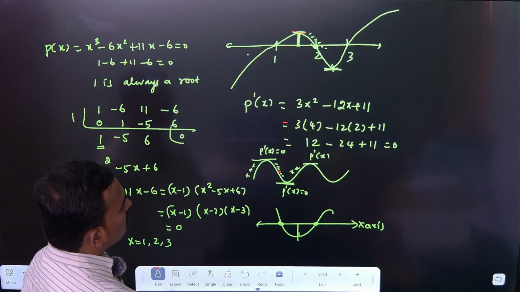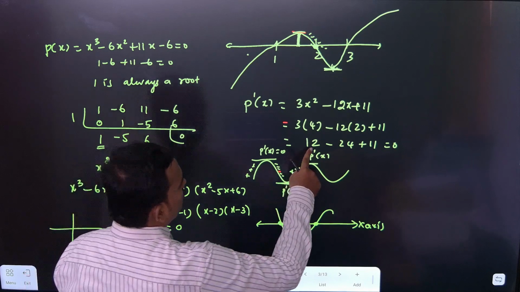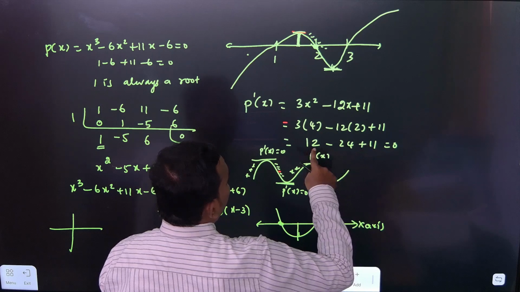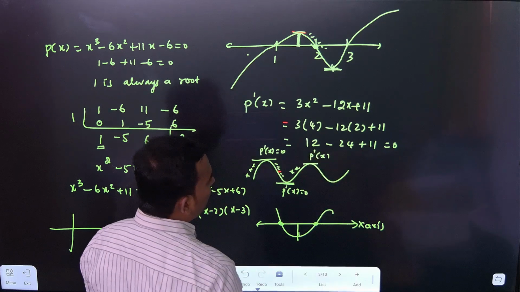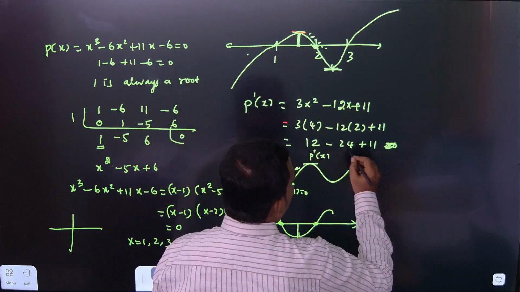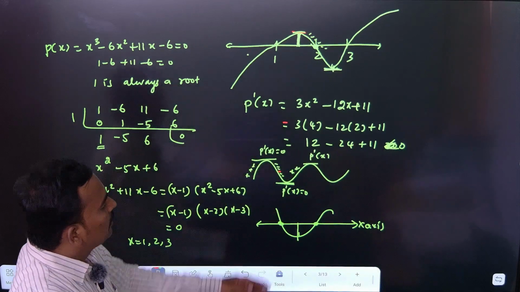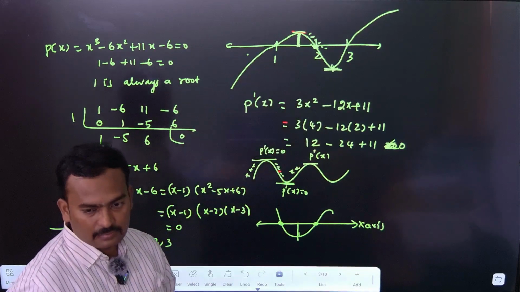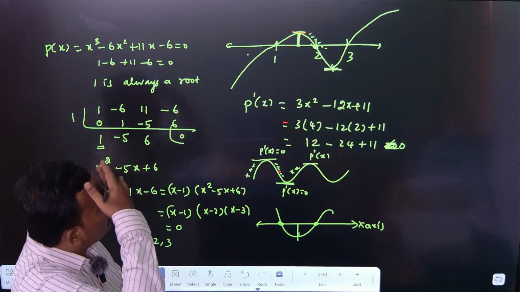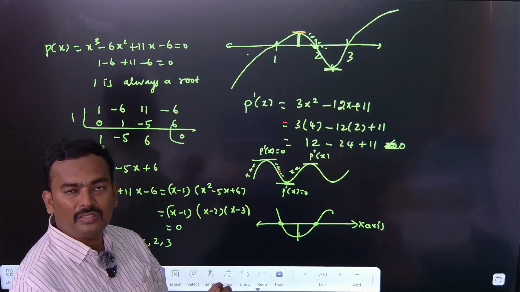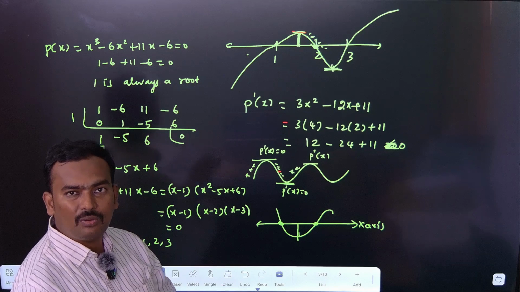Oh, sorry. It's not 0, right? So 12 plus 11, you can see, so 23 minus 24, it is less than 0 that will come. So definitely it is decreasing. Clear? Okay. So you just have to find the turning points, just p dash of x equal to 0.